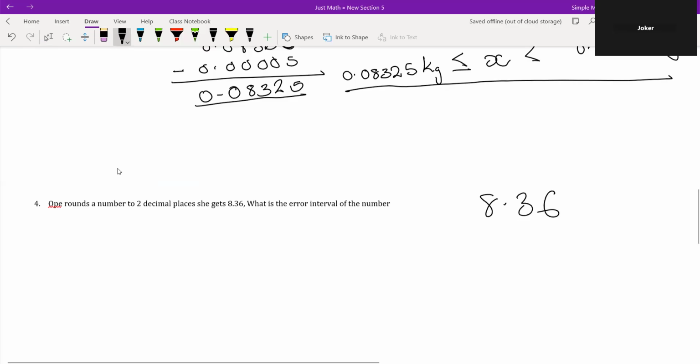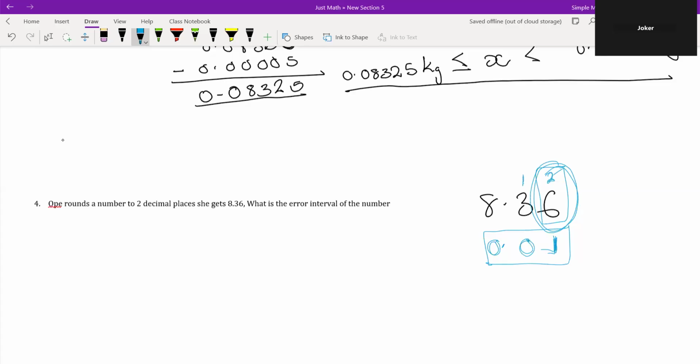The first thing we have to do is determine the degree of accuracy. Two decimal places: this is your first decimal place and your second decimal place. So your degree of accuracy is going to be on your second decimal place. It's going to be 0.01. You follow the degree of accuracy of this number here.